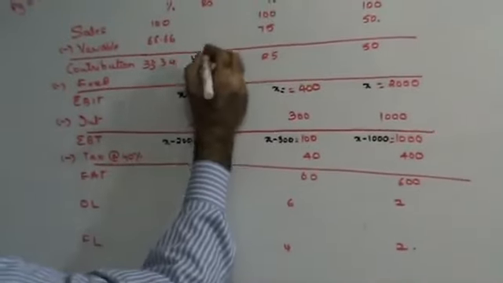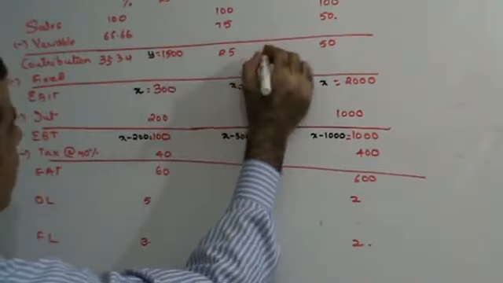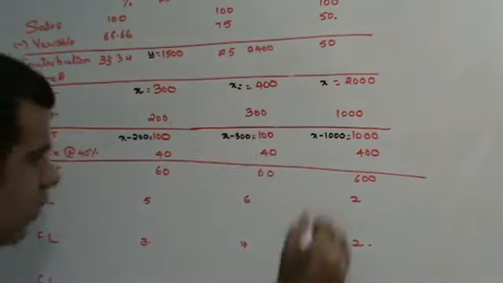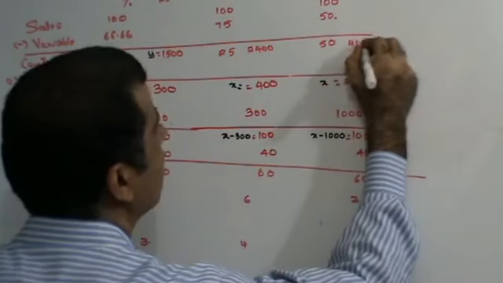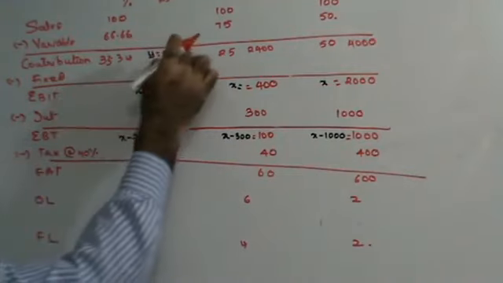For plan A contribution is 1500, for plan B contribution is 2400, and for plan C contribution is 4000.